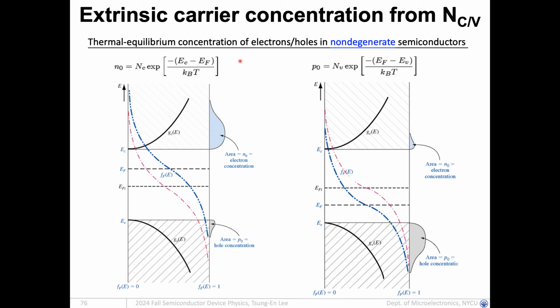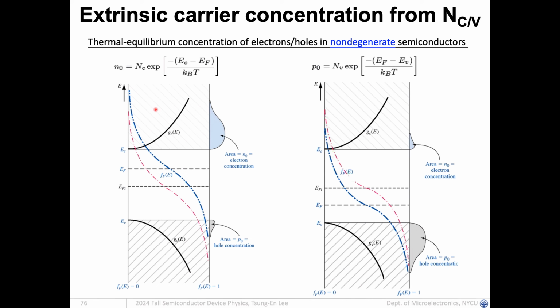Non-degenerate means that the doping level is not too high. And how to define whether it is too high? We can understand that if EC minus EF is larger than 3 kT, even if EF is increased but still not far from EC, then we can say it is a non-degenerate semiconductor.